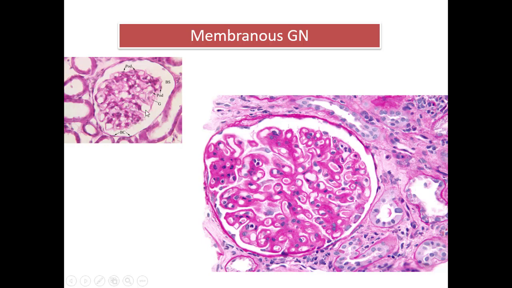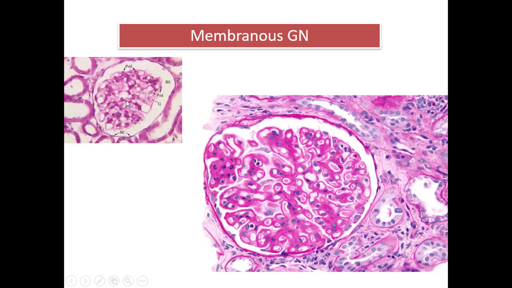Again, here, if you see the normal, the capillary membrane is very, very thin, like pencil writing. But here you see the capillary membrane is like lipstick, not a pencil. And we can't find any other abnormality in the number of cells.